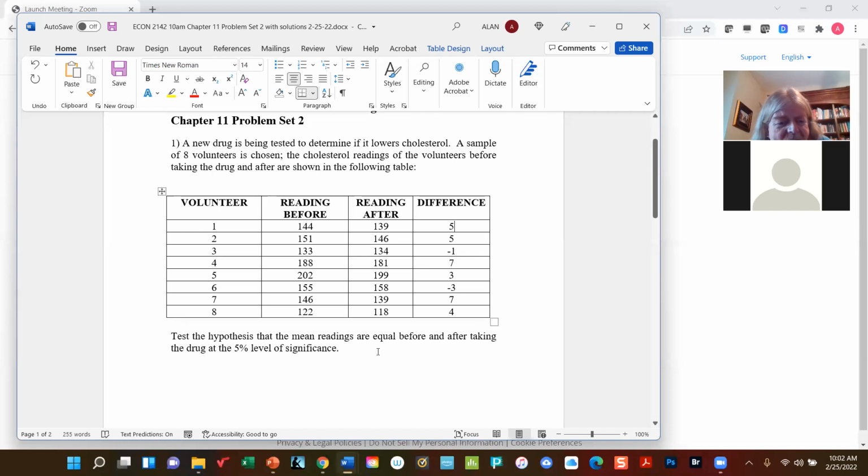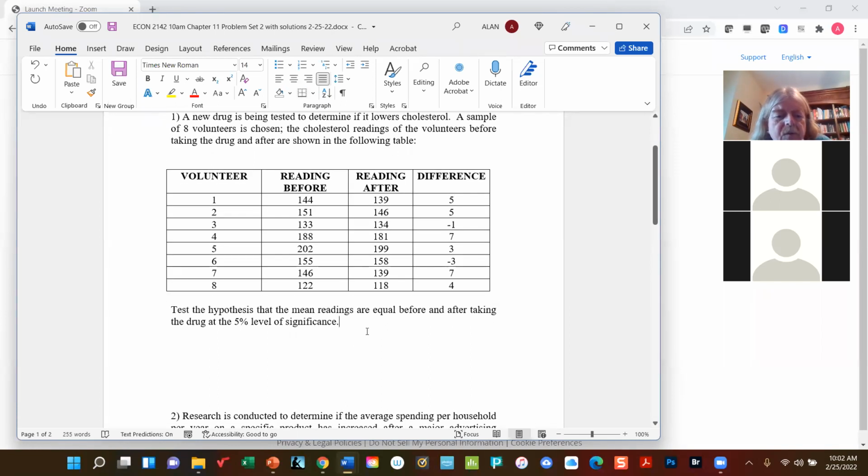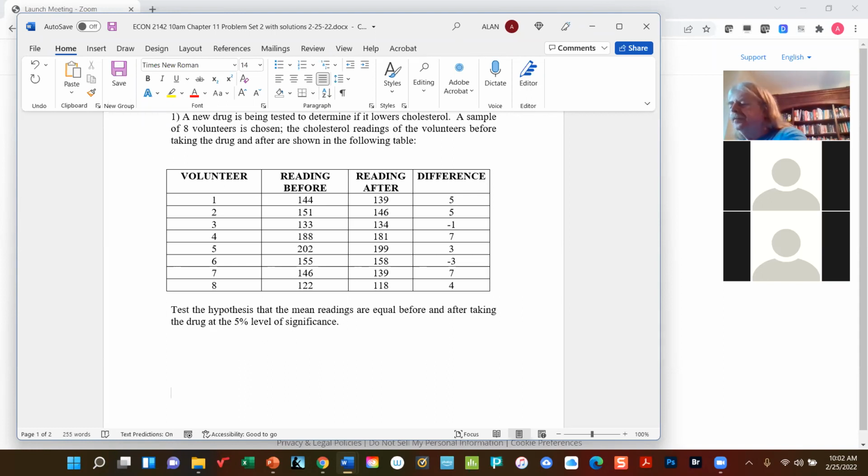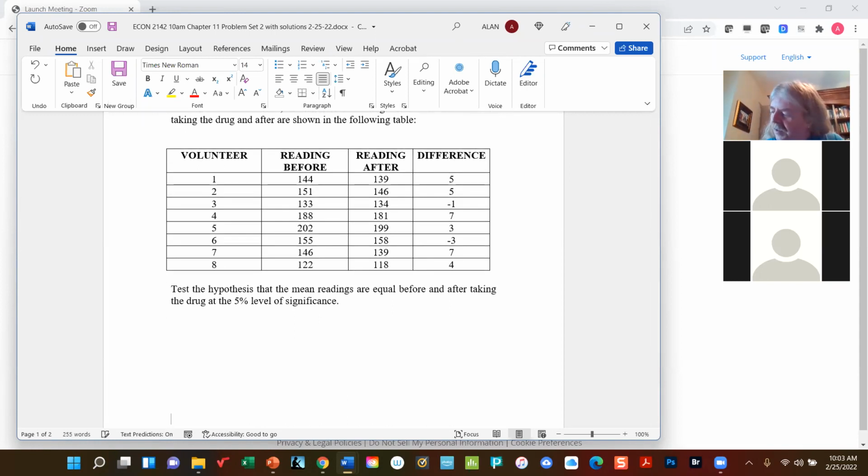So we want to test the hypothesis that the mean readings are the same before and after, but because of the way this is written, this will be a right-tail test, because we're hoping that the readings are going down, which means that we have positive differences. So why don't we start out by writing out the hypotheses.